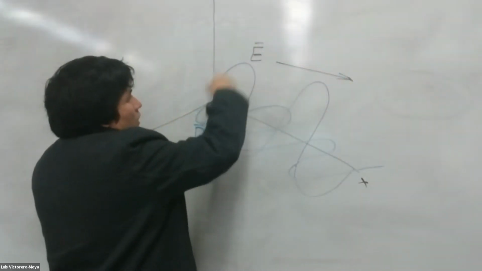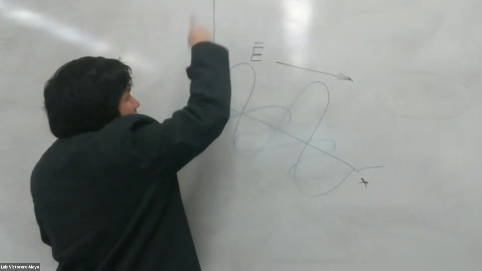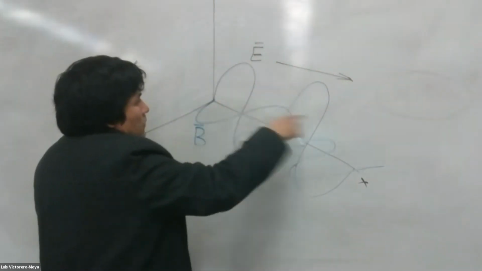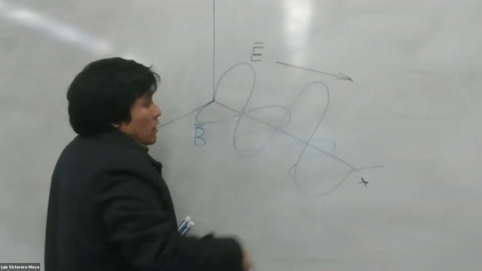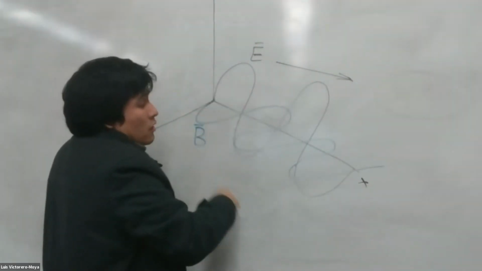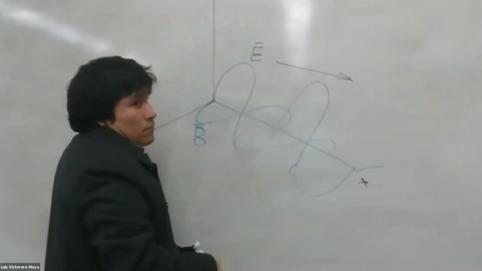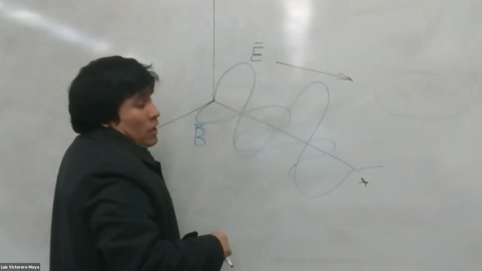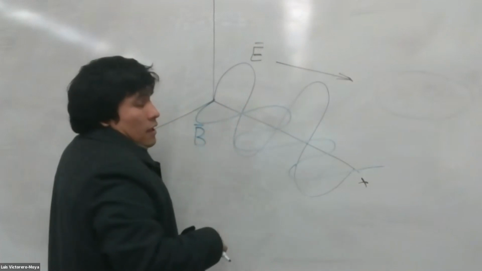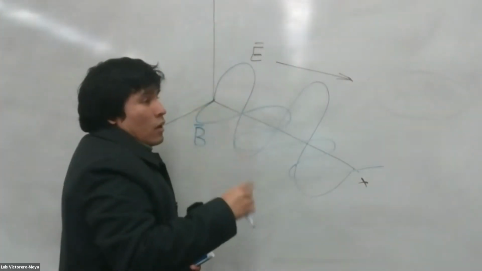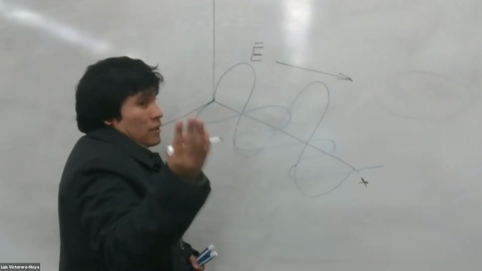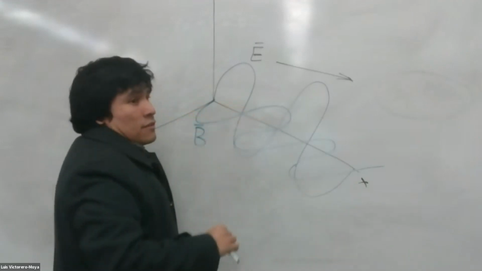If E vibrates on the y-axis and B vibrates on the z-axis, the direction of propagation is perpendicular to both, which is the x direction. And E and B are perpendicular to each other. This is an electromagnetic wave. This is light. The light that I'm using right now here, or that you're using in your house or in the office, that is this.